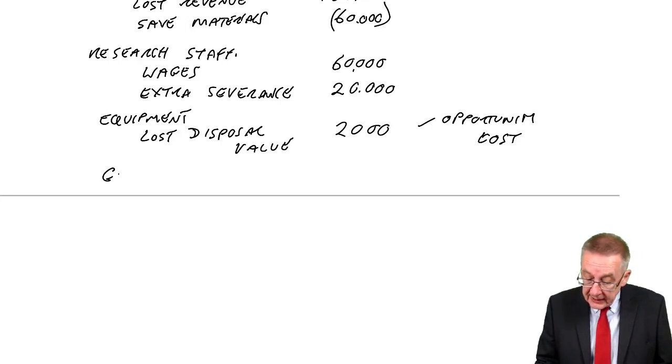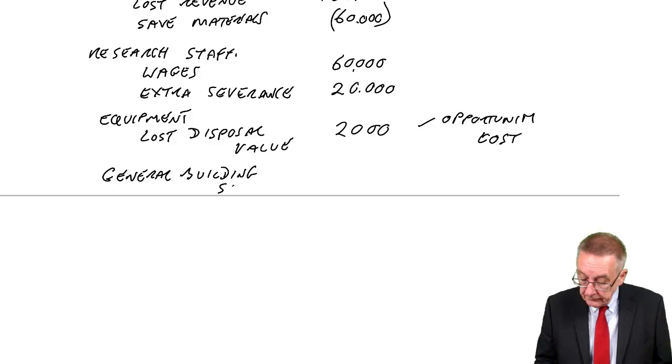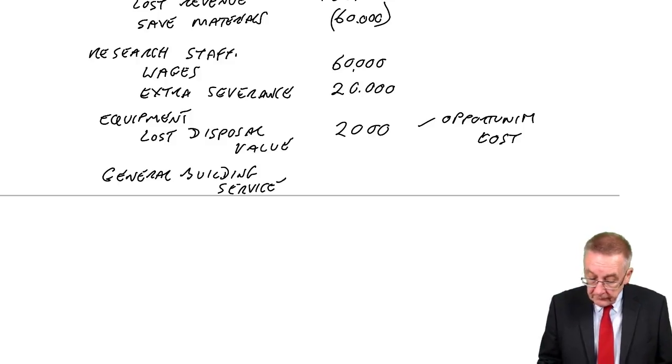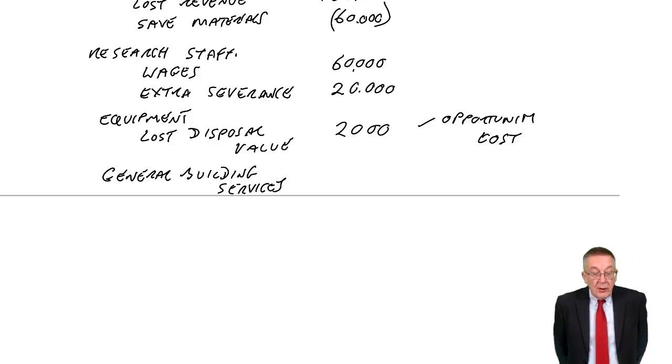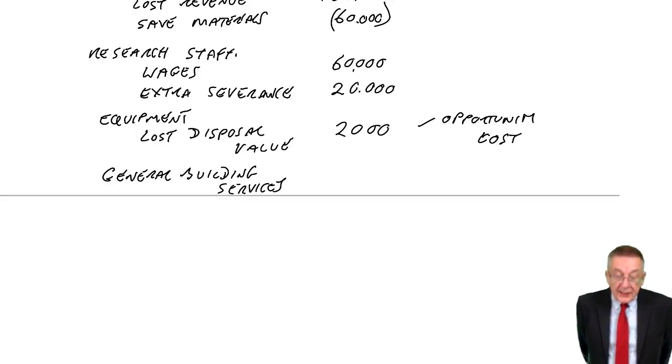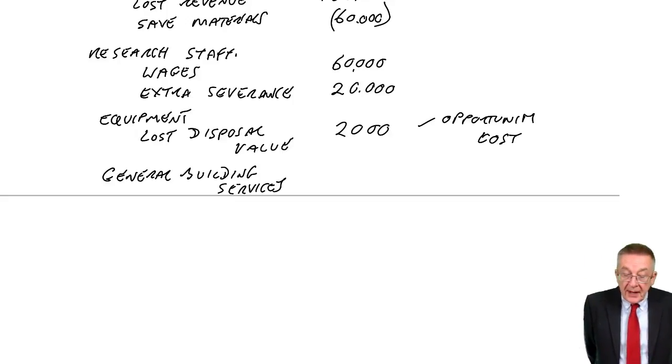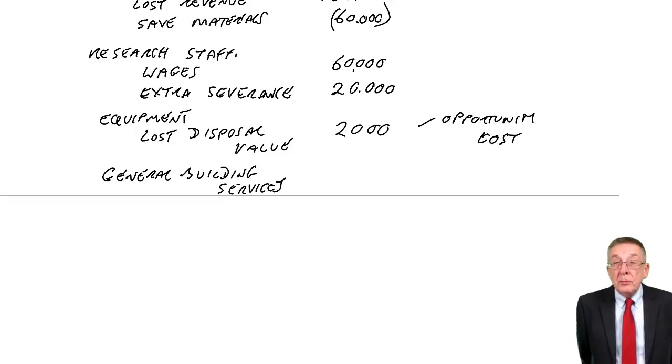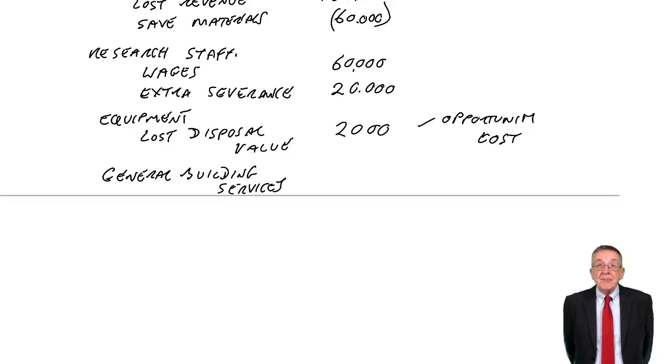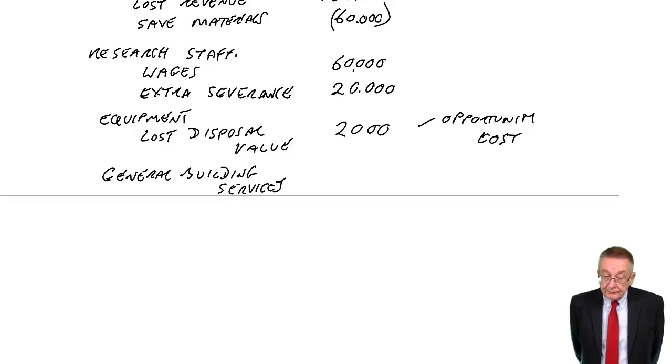Finally, general building services. The project is charged with 35,000 per year to cover its share of general building expenses. Not relevant.